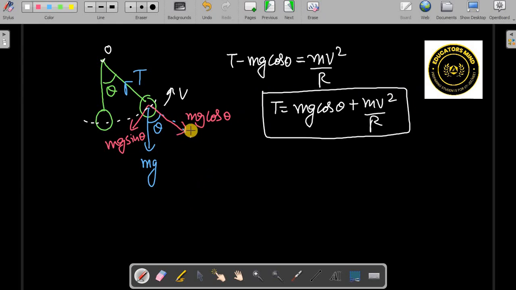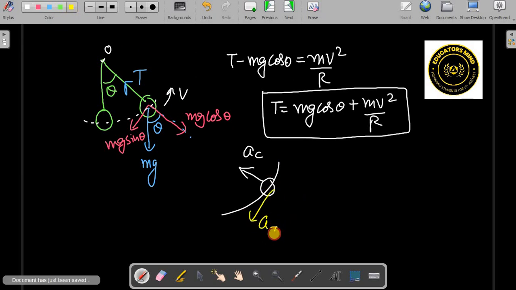And similarly, what about the acceleration? There will be 2 direction accelerations. Of course, if there is acceleration in a circular motion, there will be centripetal acceleration and there will be tangential acceleration. The resultant of these two accelerations will be the net acceleration, right?